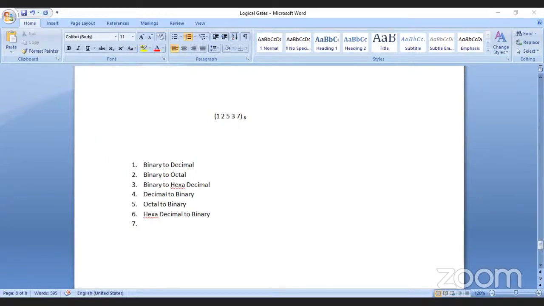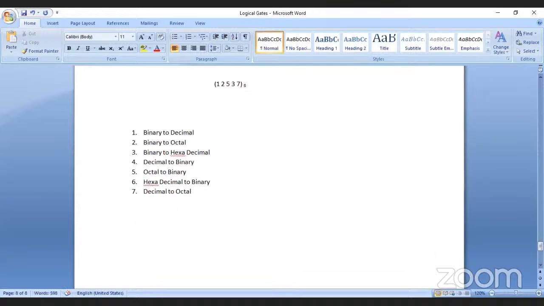Now I'll tell you decimal to octal. See here, what does decimal to octal mean? Suppose I have 52 as a number, 52 base 10. What is the equivalent?